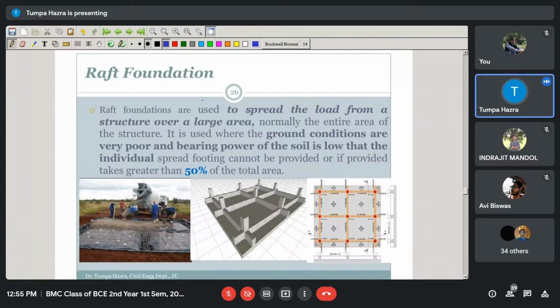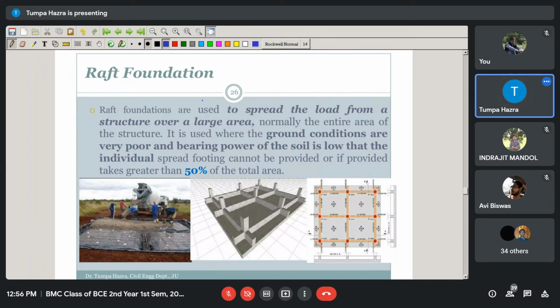And strip footings are transferring the load of the columns in a series, or walls. Okay. Now, these types of foundations are constructed whenever the load bearing capacity of the soil is quite high.